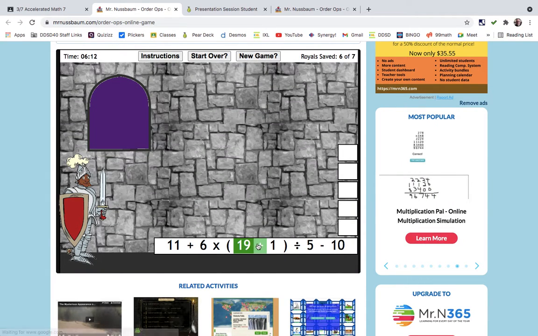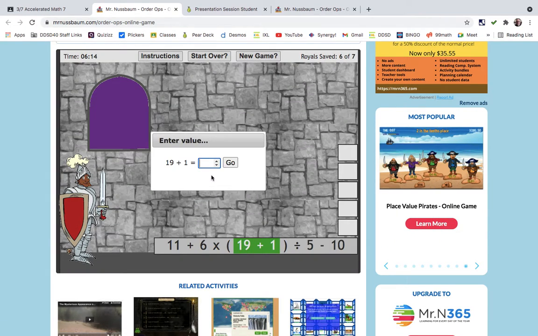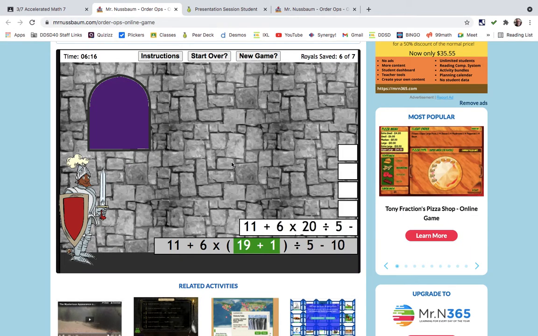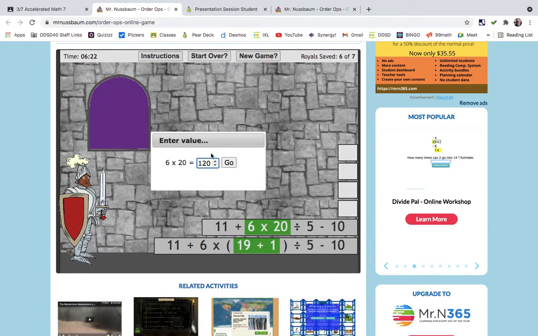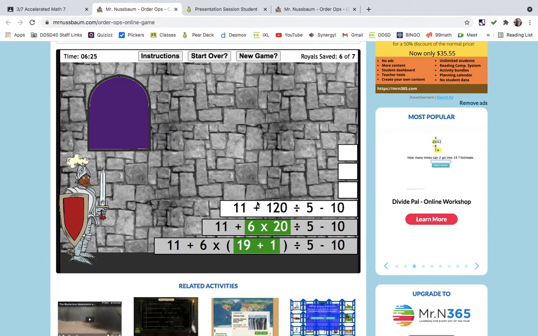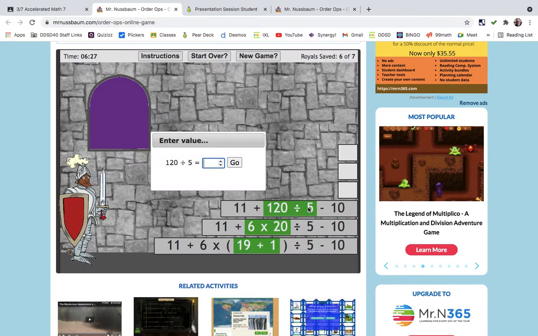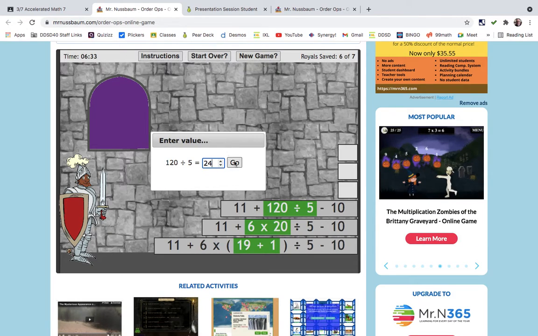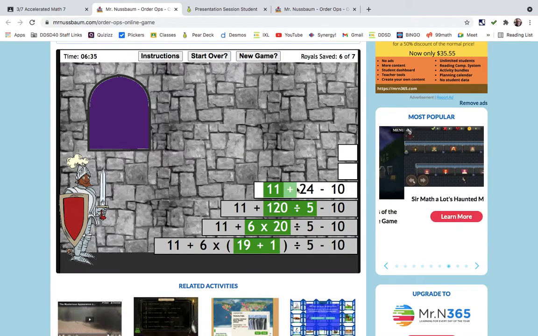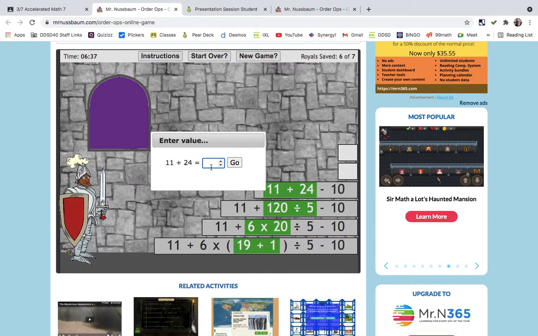All right, I'm going to do 19 plus 1. That's 20. And then I'm going to do 6 times 20. That's 120. 120 divided by 5. That is 24. 11 plus 24.